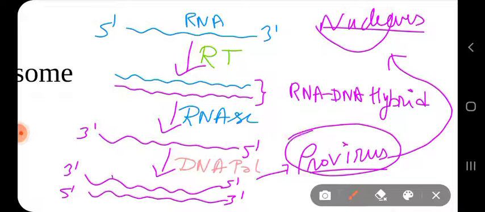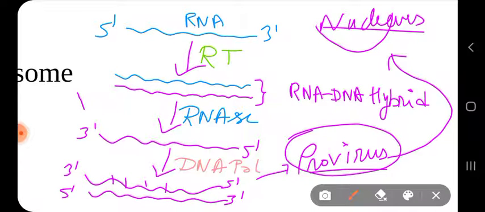Where pathogenicity is there, we have to eliminate that part and transfer our gene of interest and introduce it into the genome of the target cell. Now, to make them harmless, researchers employ certain biochemical methods to convert the harmful retrovirus into a harmless one.